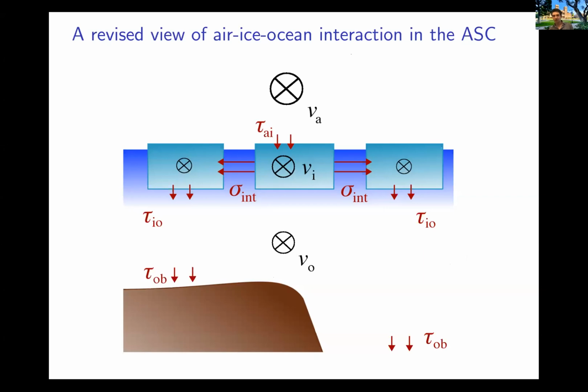And as a result, the ocean can sustain large along-slope velocities without losing any momentum at the seafloor, and consequently it can just freely accelerate to the same speed as the sea ice, and thus the momentum balance ends up being balanced instead by these lateral transfers of momentum.